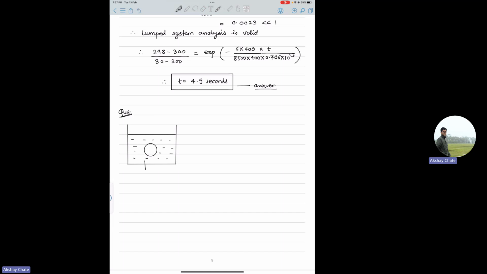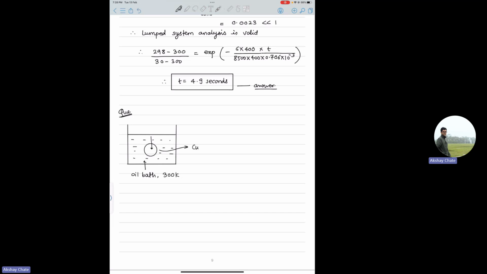So this is your oil bath. It is at temperature 300 Kelvin, and the ball is dropped, so basically it is moving in this direction, and it's a copper ball.